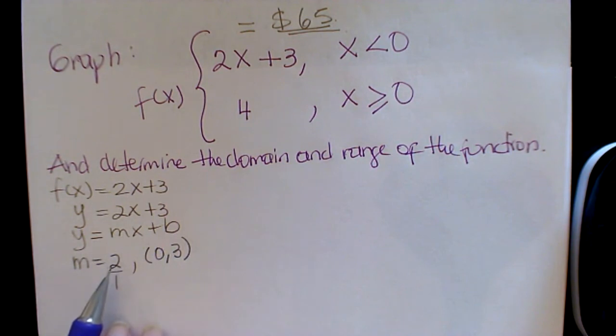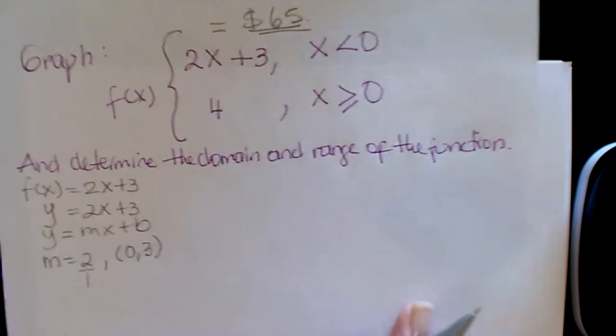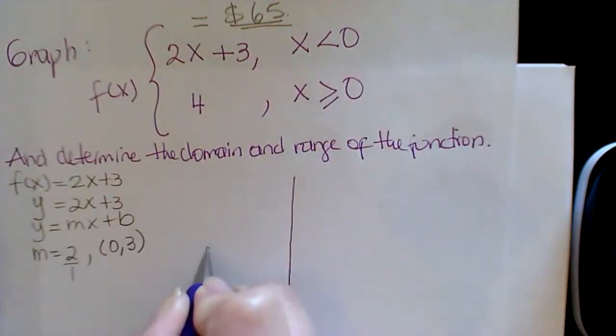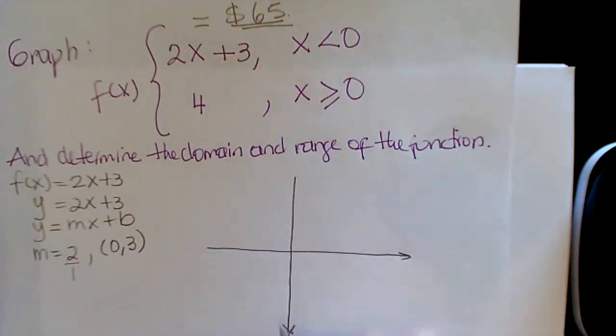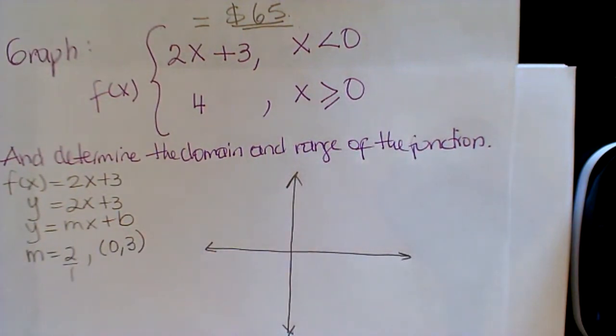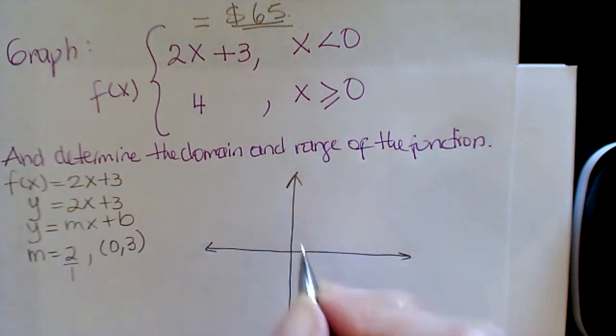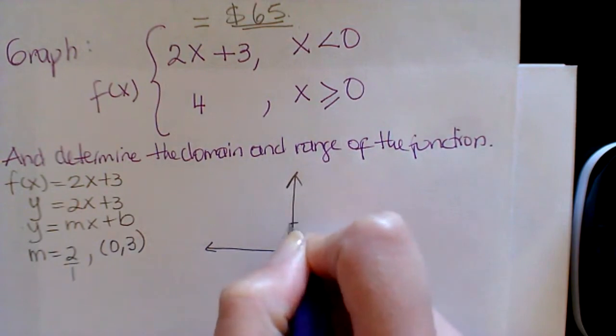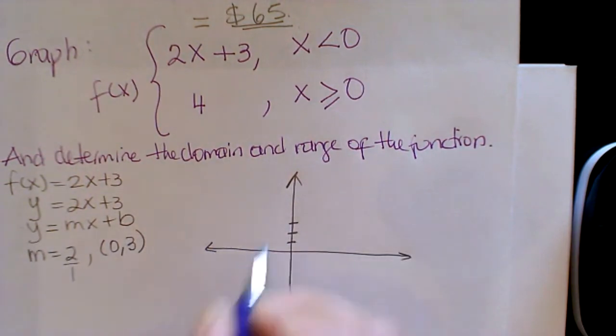So let me start doing that here. Let's locate 0, 3. So we're going to go 1, 2, and 3, right? We're going to start here.